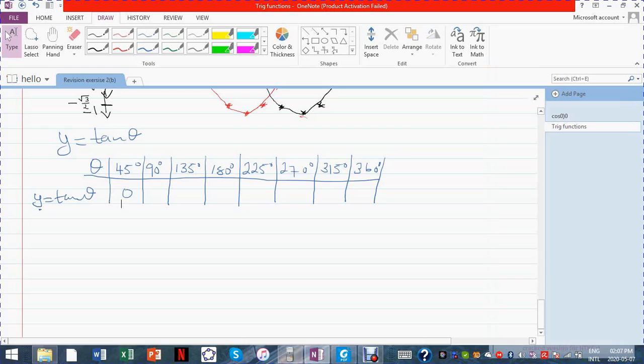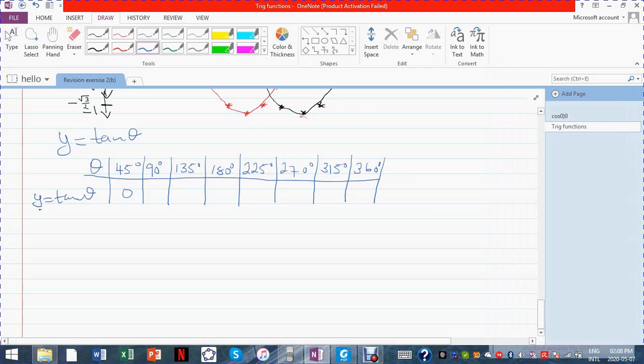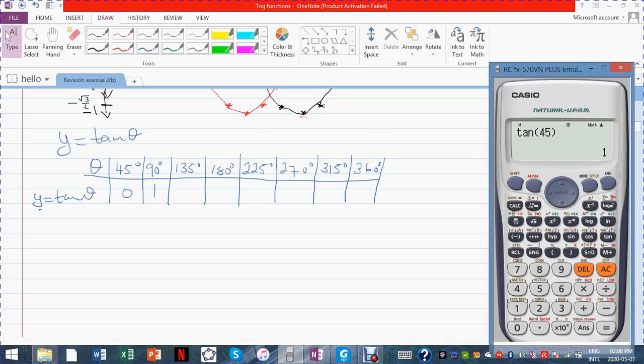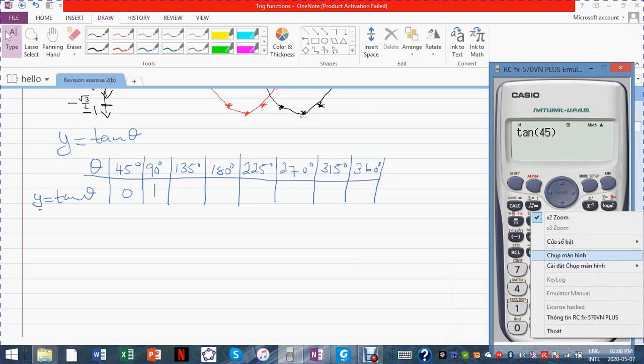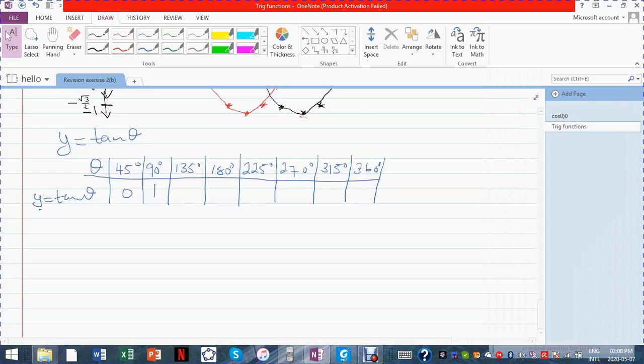And then what about tan of 45? Tan 45 is 1. And then what about tan of 135? Tan of 135 is -1.